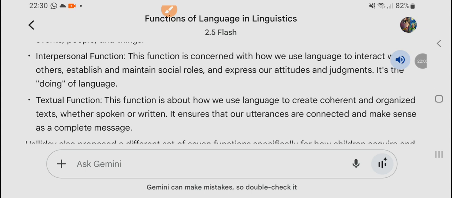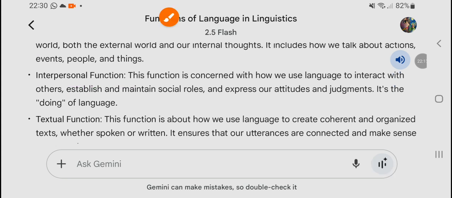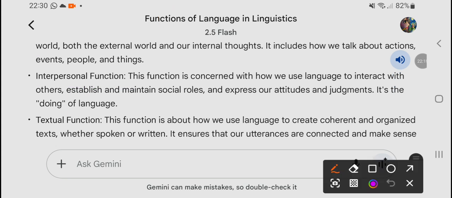Number two, interpersonal function. As the name expresses, the interpersonal function is concerned with how we use language to interact with others, to establish and maintain social roles.